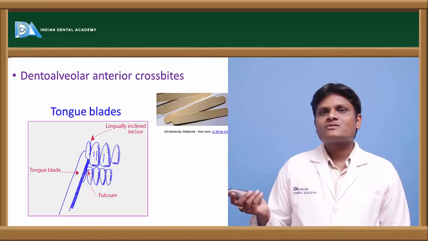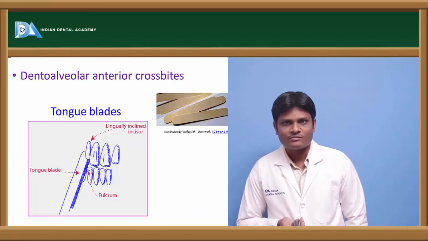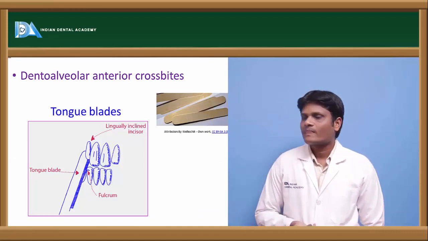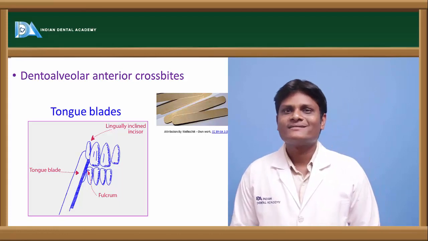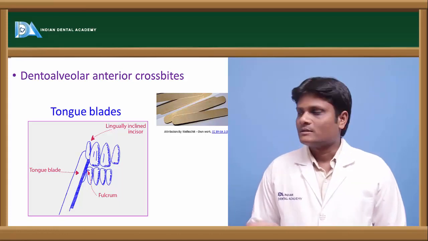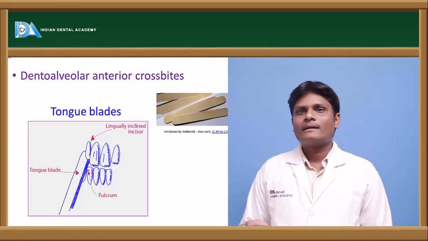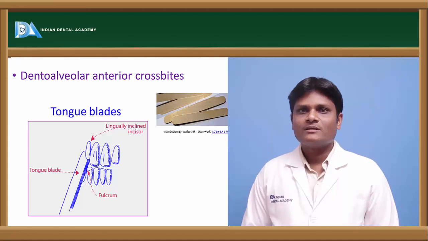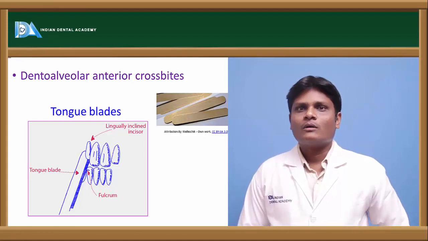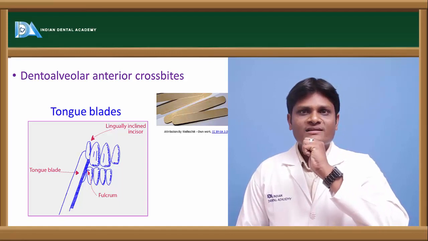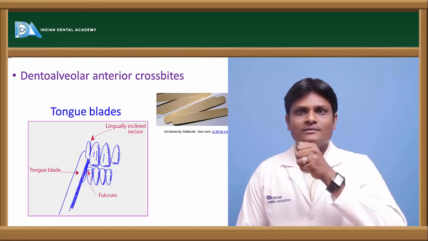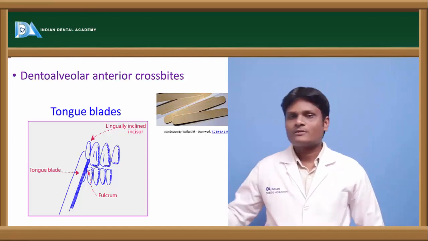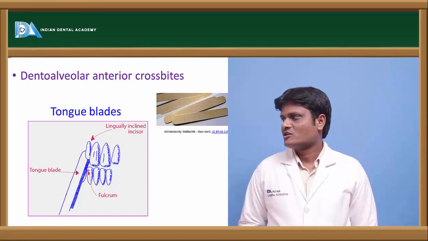Now, what are the means of correcting a developing anterior crossbite? The first thing is, you can go for tongue blade therapy. The child can use a wooden tongue blade to pull the maxillary incisor labially, as you appreciate through this image.